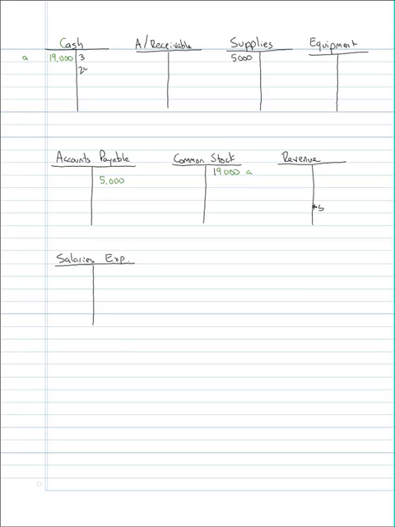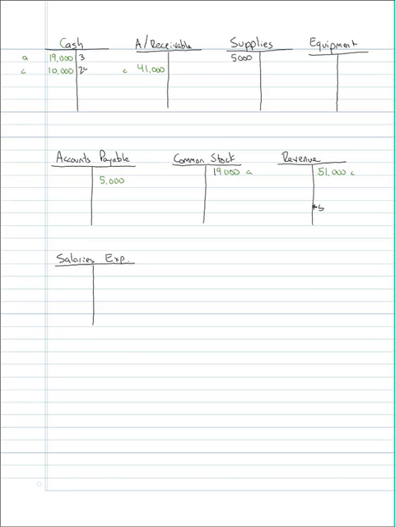Journal entry C is a debit to cash for $10,000 and a debit to accounts receivable for $41,000 and a credit to revenue of $51,000.